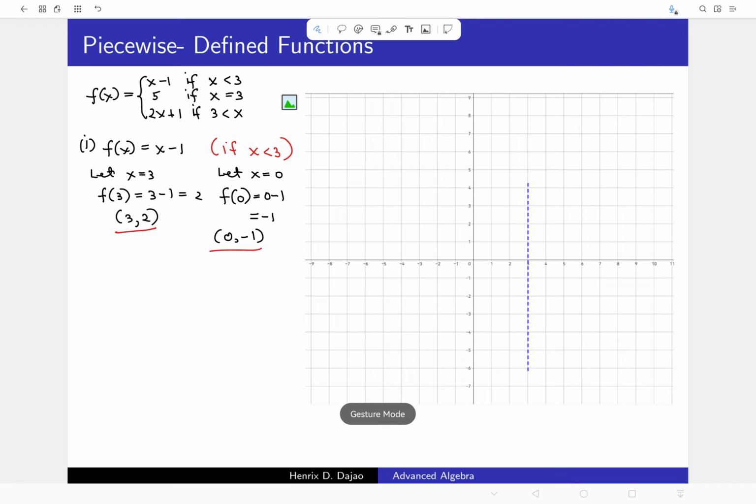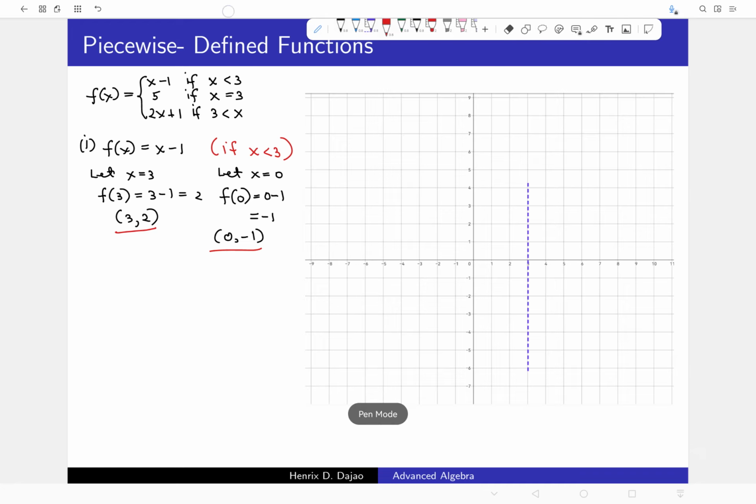So first we plot (3, 2). So (3, 2) is here. But we are not going to plot this point with a solid circle.